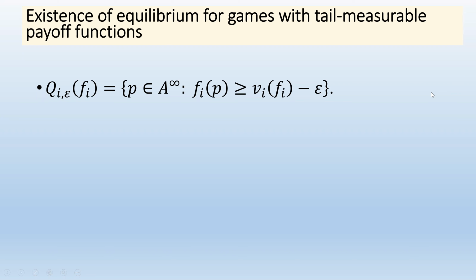So the ideas are very much the same. First, we define for every player the set Q_i epsilon, which is the set of plays where this player gets at least their value minus epsilon, their min-max minus epsilon.